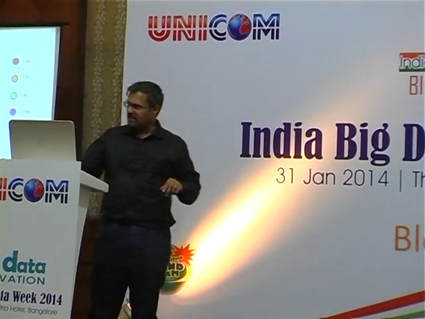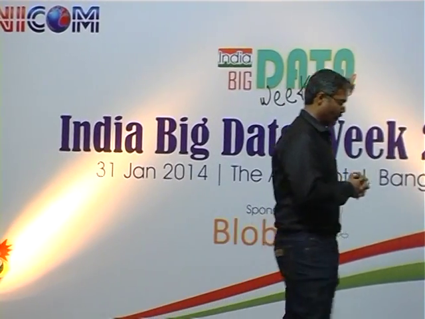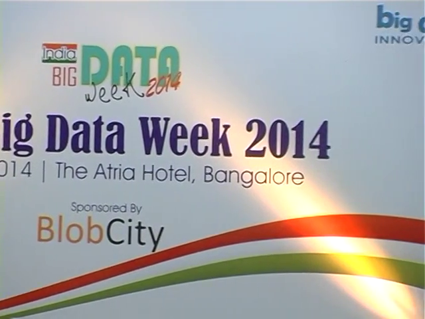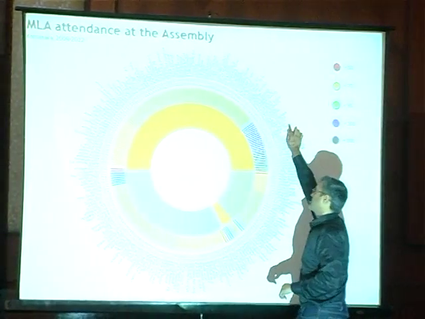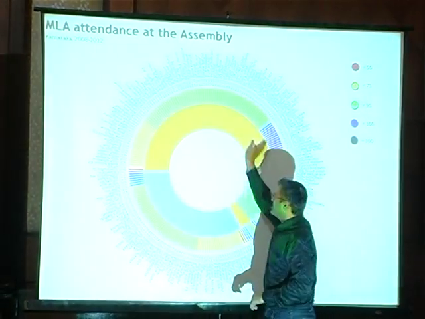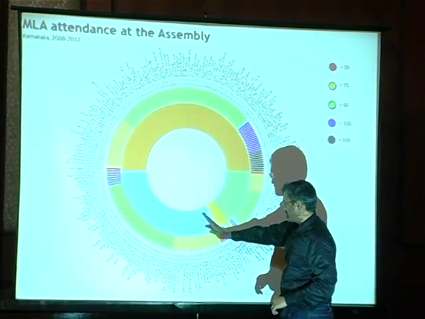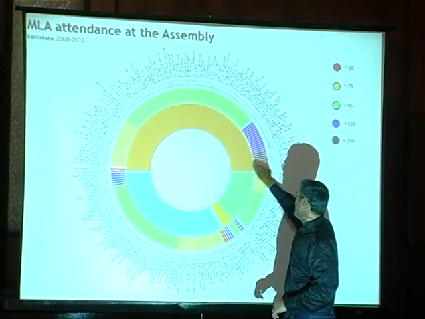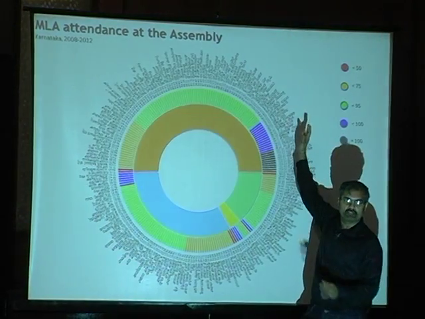We also looked at how these politicians were performing from an attendance perspective. So for each of the politicians, and they are shown as one little row out here, so each of these stripes is one politician. They are grouped based on the parties, all the BJP MLAs versus the Congress MLAs versus the independents and JD, colored based on their attendance level, so 0 to 50%, 50 to 75%.